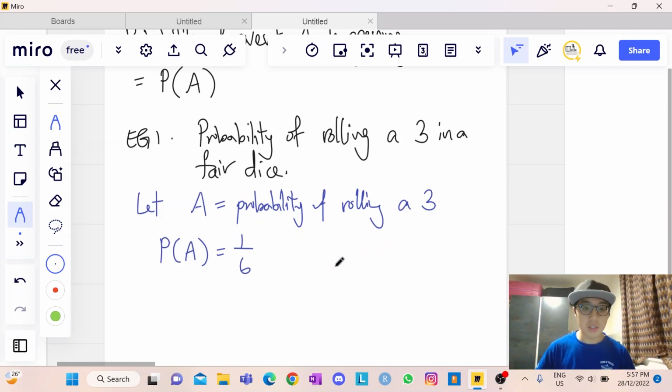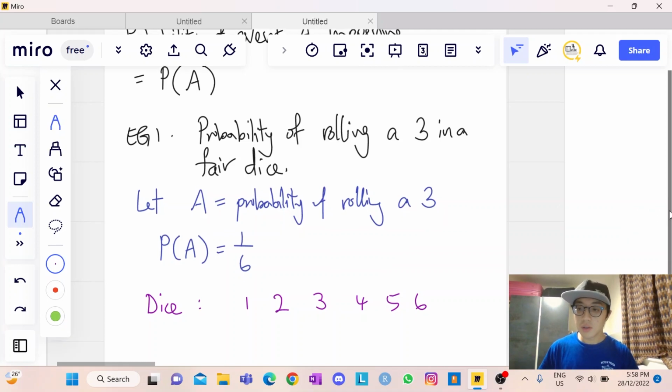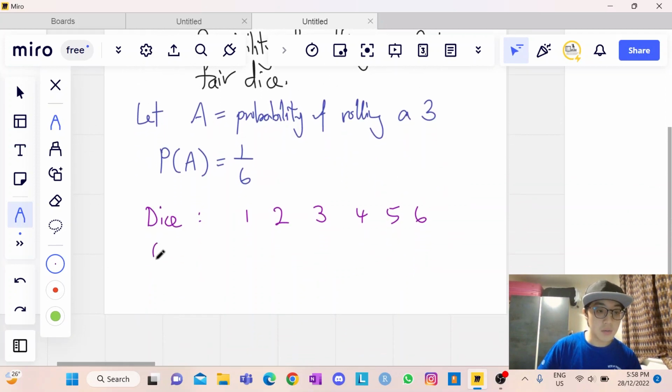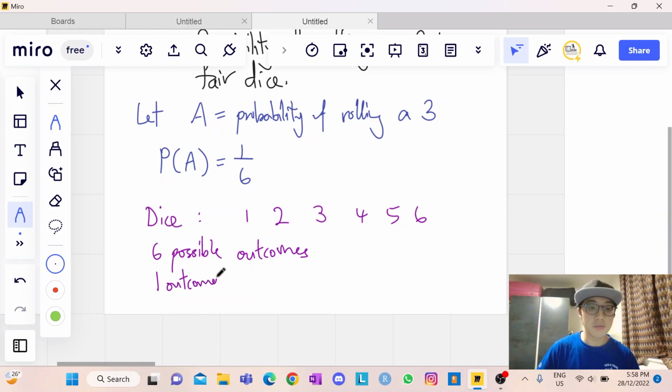Why is it 1? From a die, all you will see is 1, 2, 3, 4, 5, 6. So there are 6 possible outcomes. From these 6 possible outcomes, there is only one outcome that gives 3.